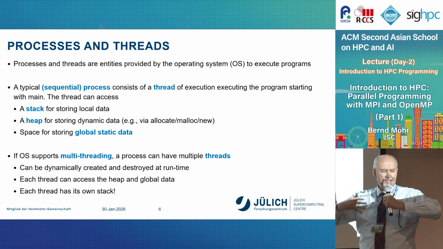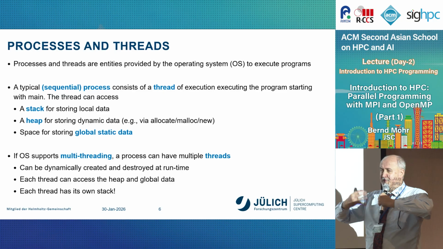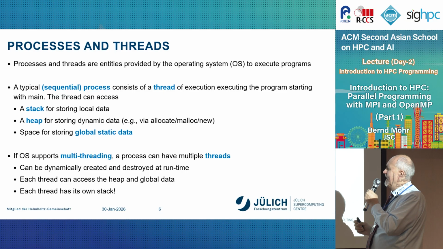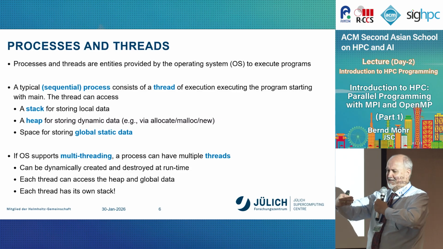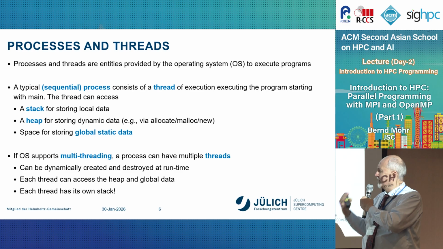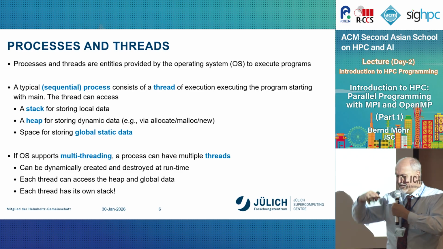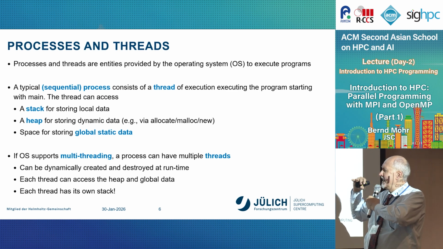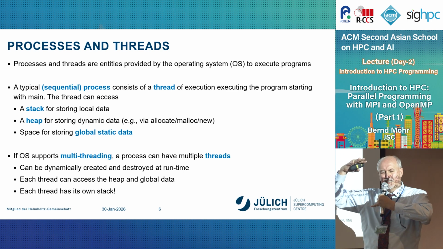For a normal computer, like a smartphone or laptop with one processor, which I call sequential, there's typically a process which combines everything together. So the process has the set of instructions it wants to execute, and then it has data areas.